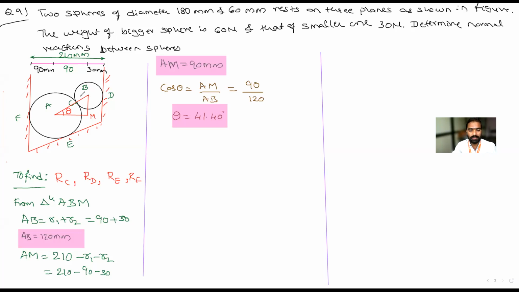Now cylinder A and cylinder B. Which one will you consider first? In A, see how many forces there are: RF is a force, RE is a force, RC is a force, and the weight. 4 forces. So I cannot take this one first. Next move to the smaller cylinder. There is RD, there is RC, and the weight of the cylinder, which is given. We can find out this one.